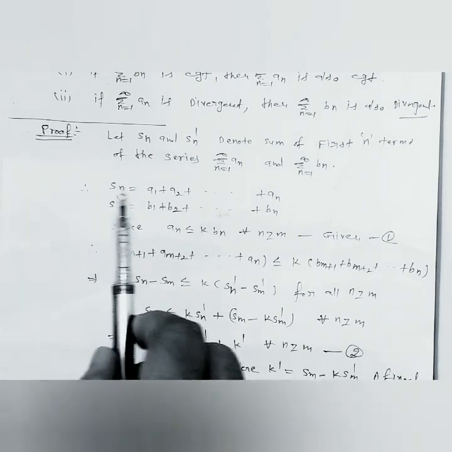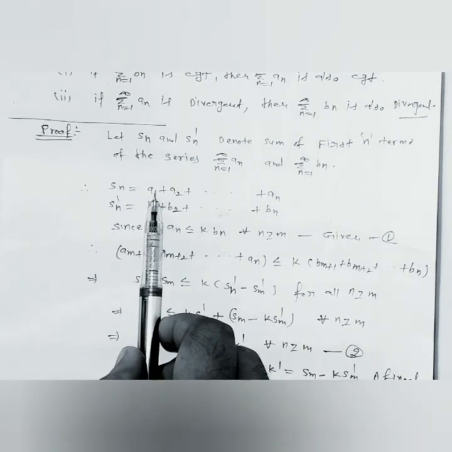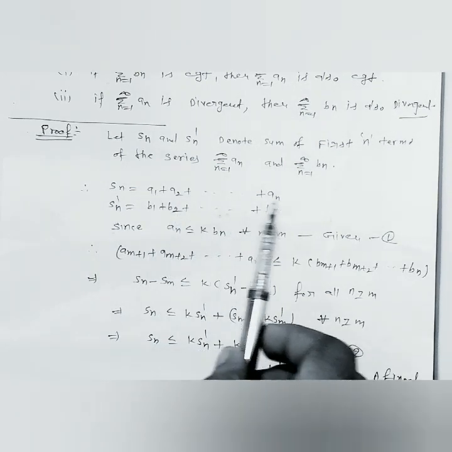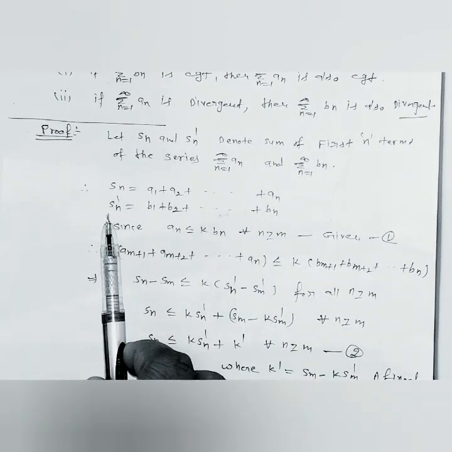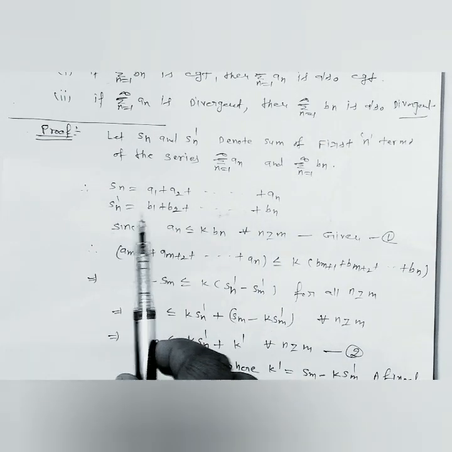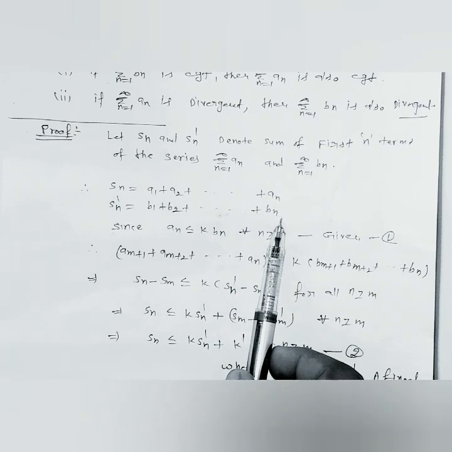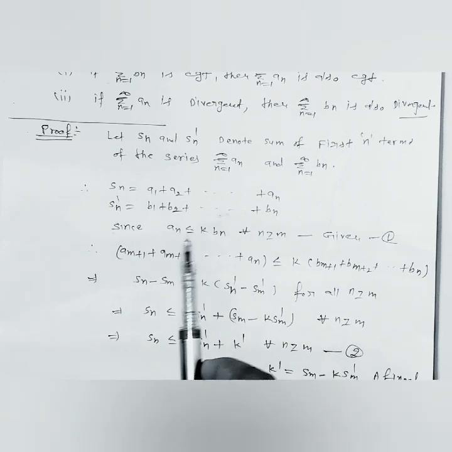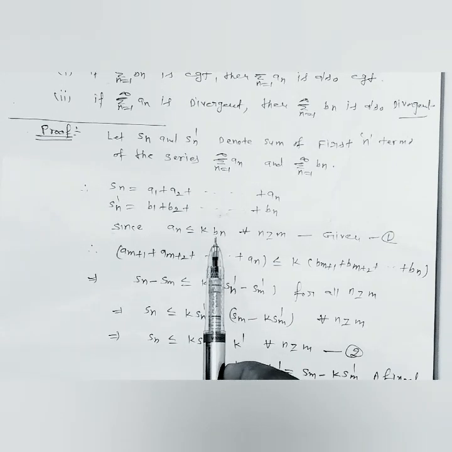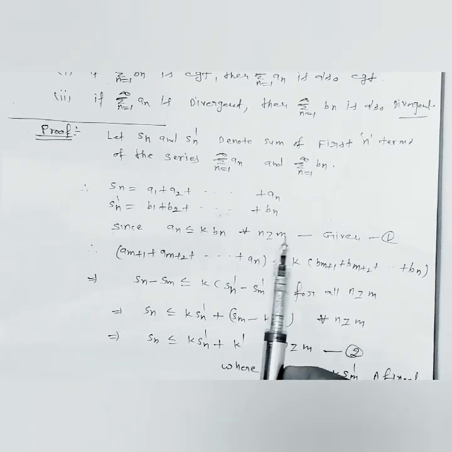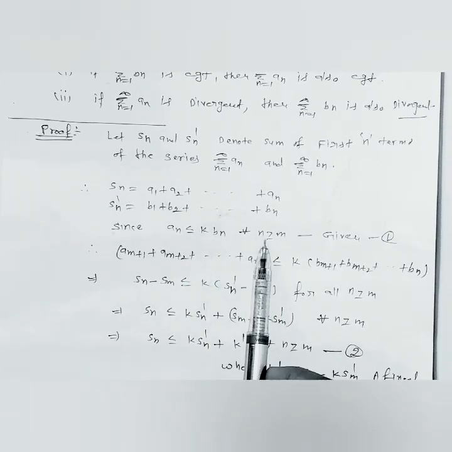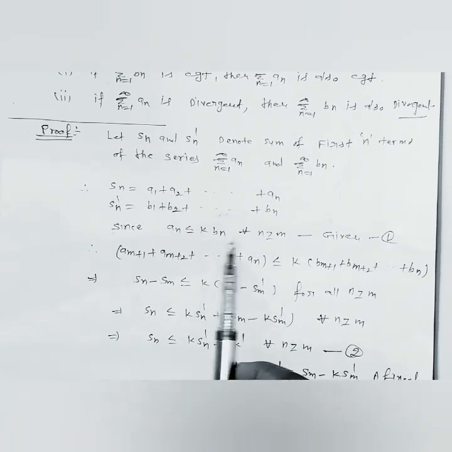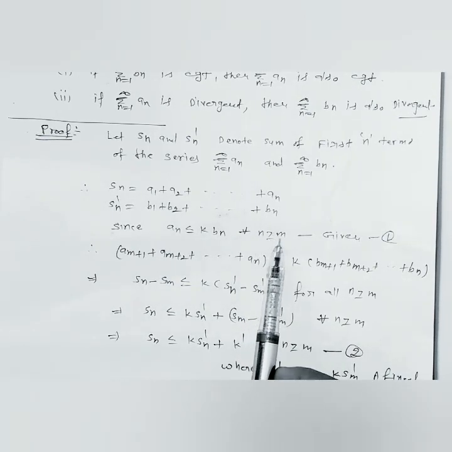So therefore Sn can be written as a1 plus a2 up to an. Similarly, Sn' can be written as b1 plus b2 up to bn. Since it is given that an is less than or equal to k times bn for all n greater than or equal to m, that inequality is true for all n greater than or equal to m.